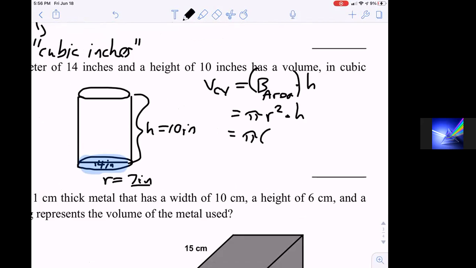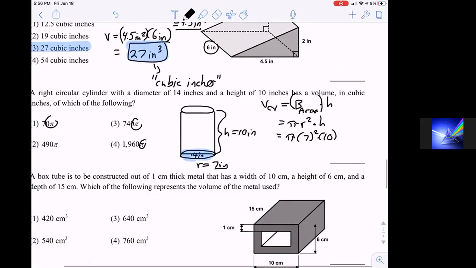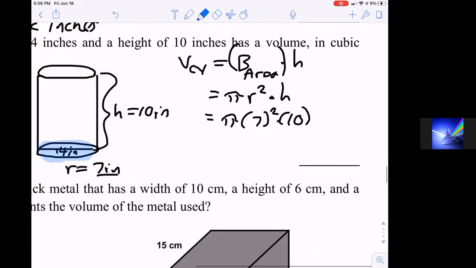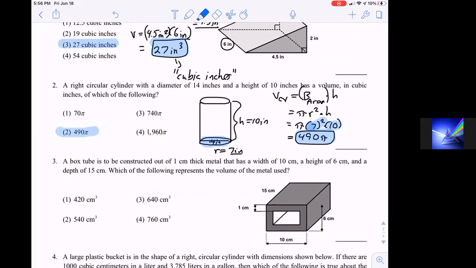So we're going to go pi times 7 inches squared times 10. Now you can see you're supposed to leave your answer in terms of pi, hence all those answers with pi in them. So I'm going to multiply this together and I get 49 times 10, which is 490 pi. And that is option number 2.